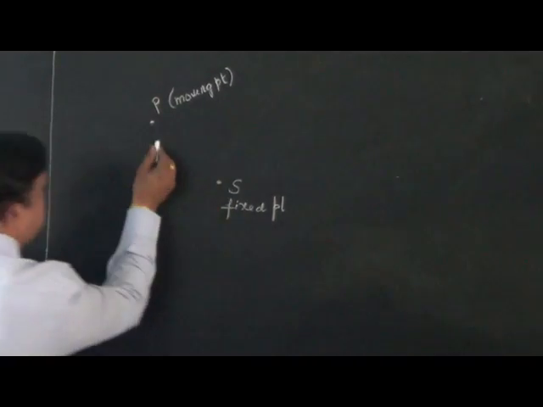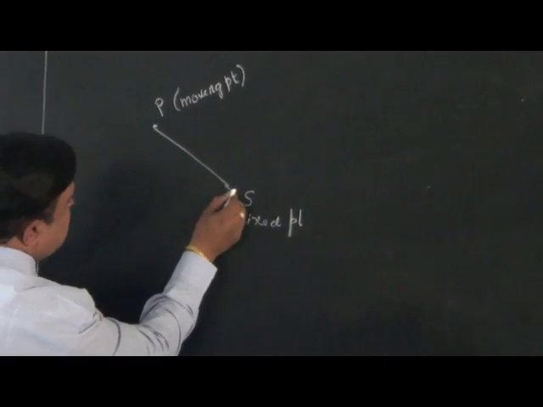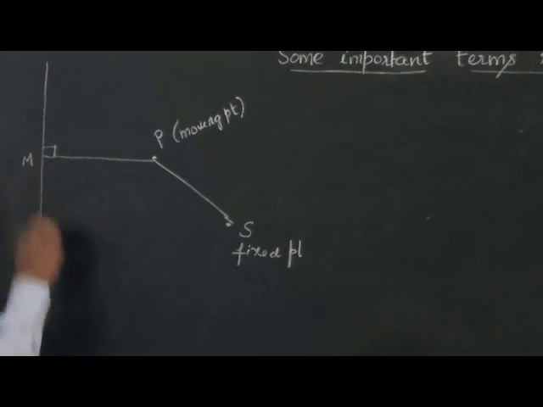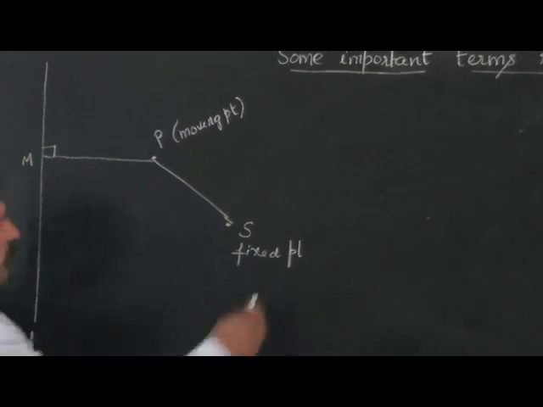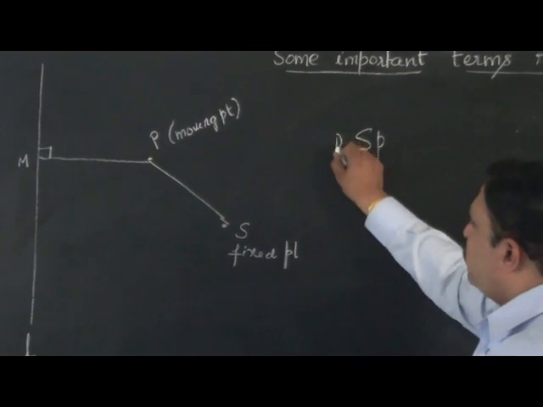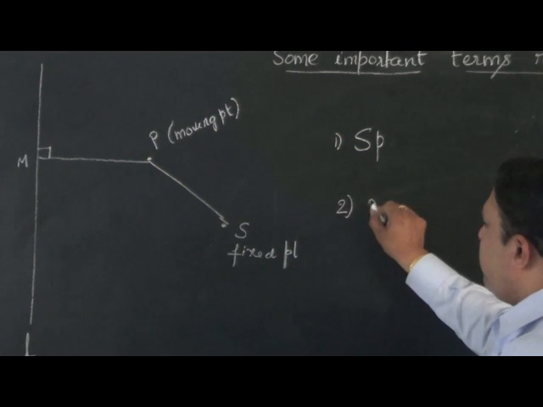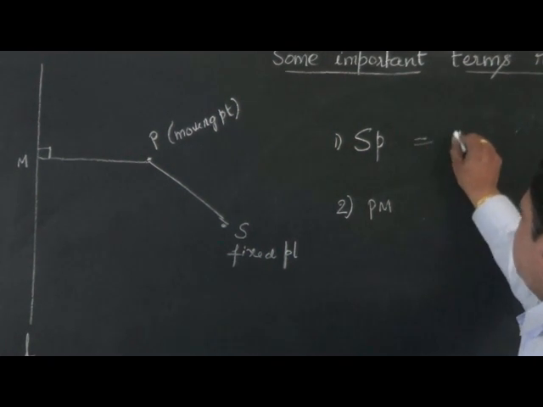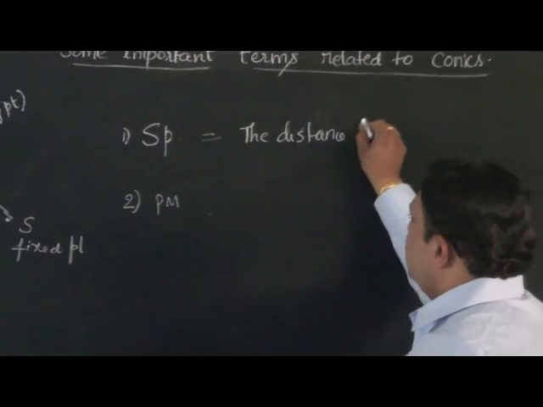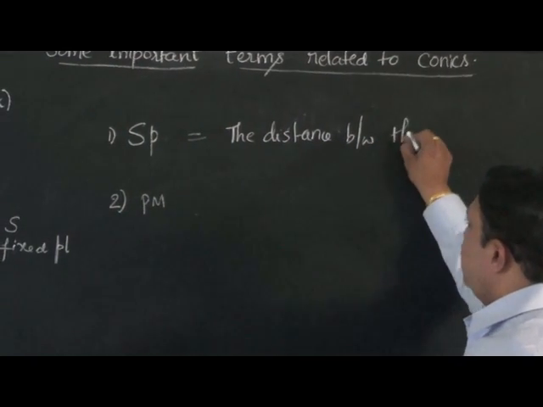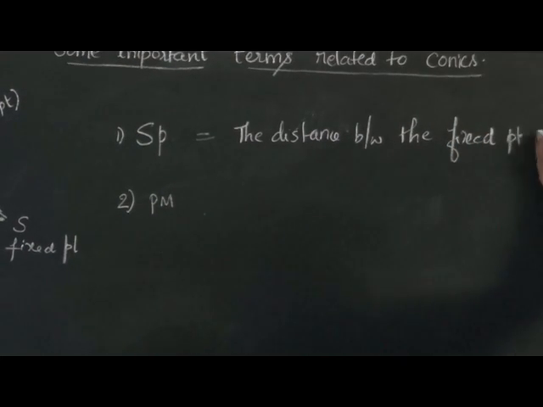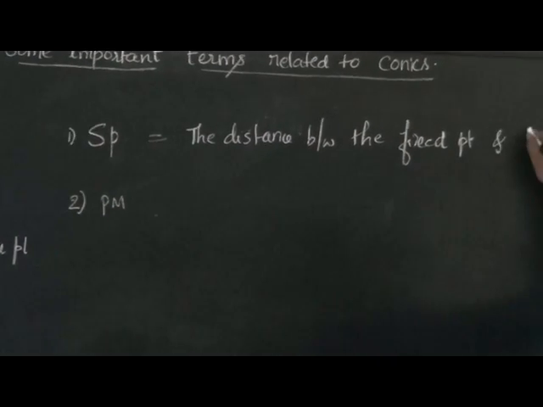I will join SP and draw PM perpendicular to the fixed line. Now we have two distances here. One is SP and second is PM. SP is the distance between the fixed point and the moving point.